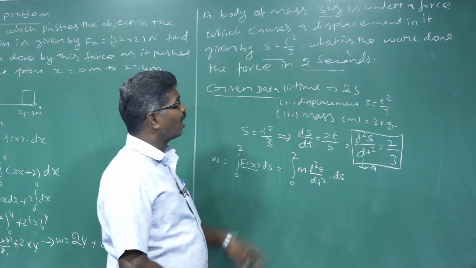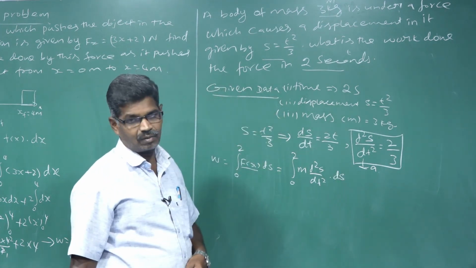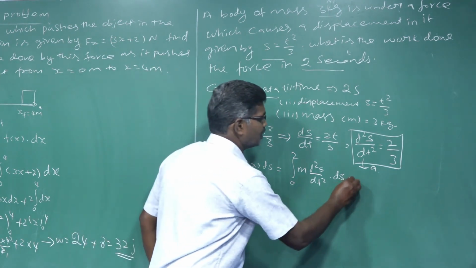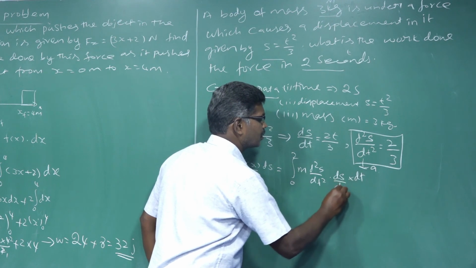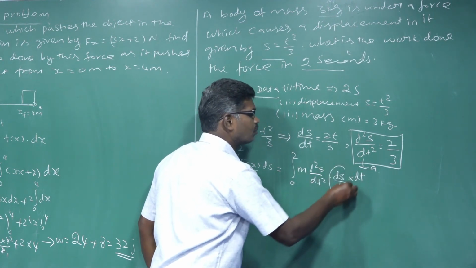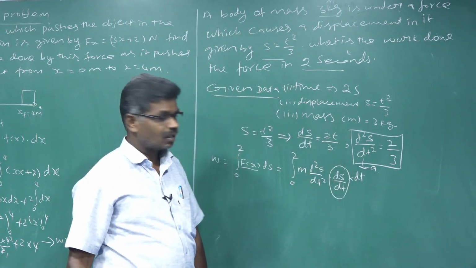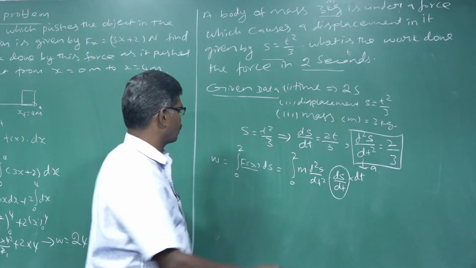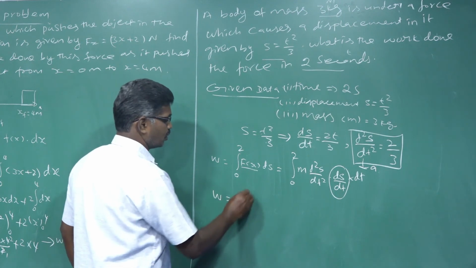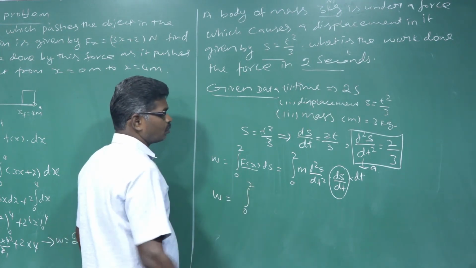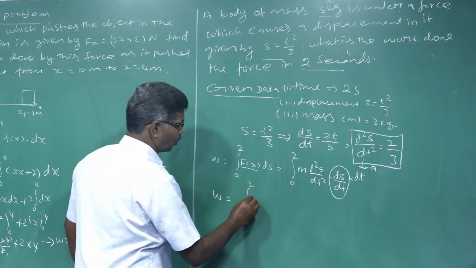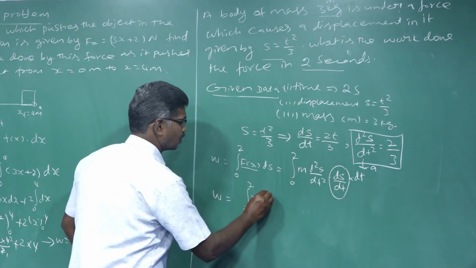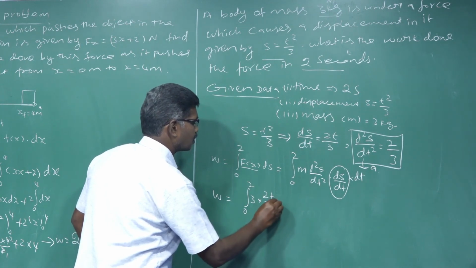Here we have a time varying displacement. That's why we multiply by dt and divide by dt. So we have the values for ds by dt and d squared s by dt squared as well as the mass. So W is equal to integral 0 to 2. Our mass value is 3 kg, and ds by dt value is 2t by 3.